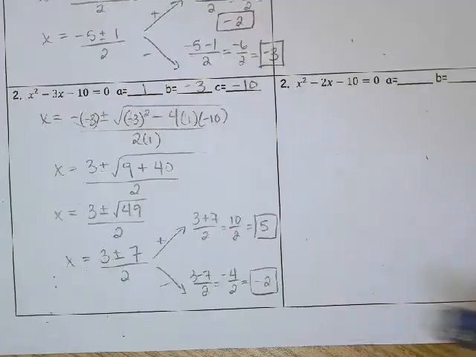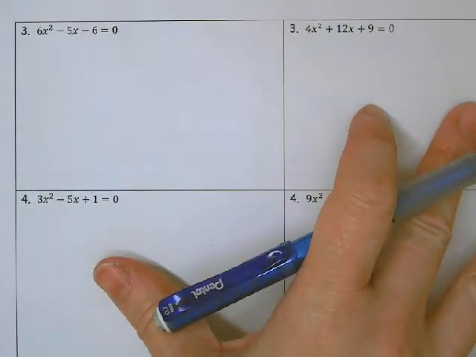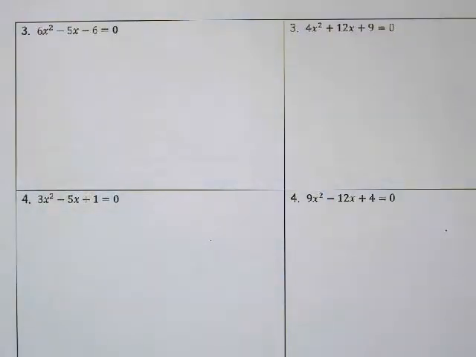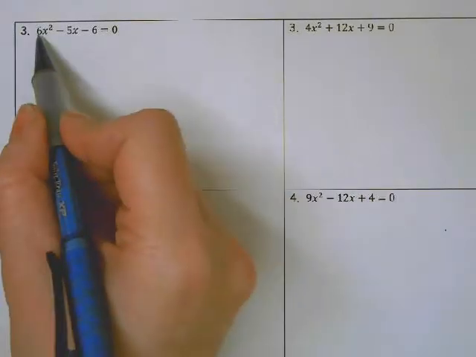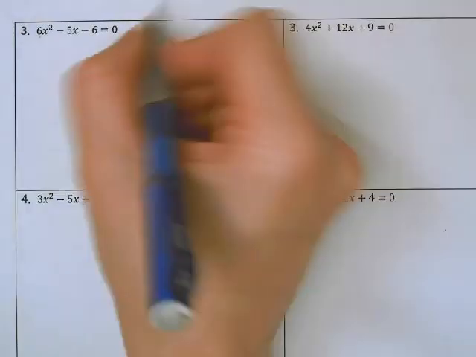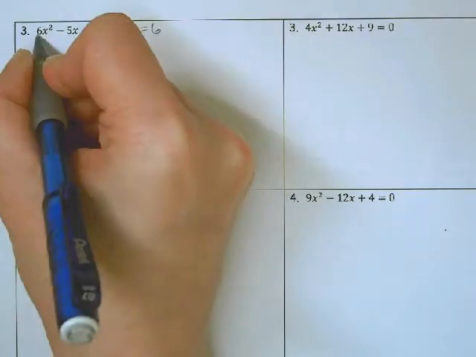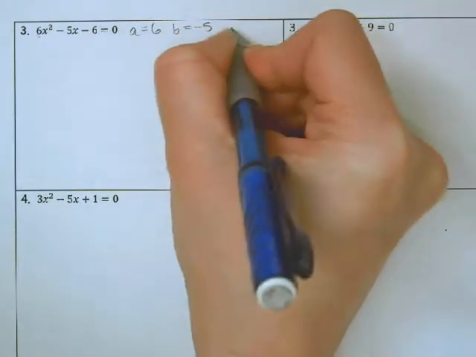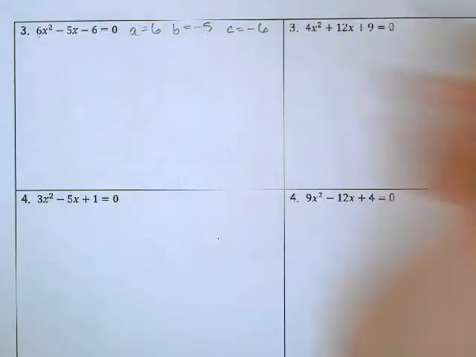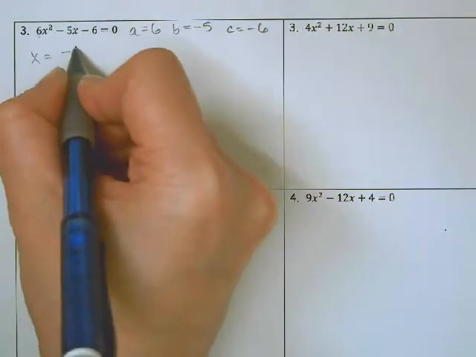Turn your paper over. And I'm going to do one more with you, and then I'm going to leave you to it. On this one, on number 3, you want to watch out because my A is not 1 anymore. A is 6 because that's the number in front of x squared. B is -5. And C is -6. So I'm going to plug everything in. Once again, I'm going to write it out.